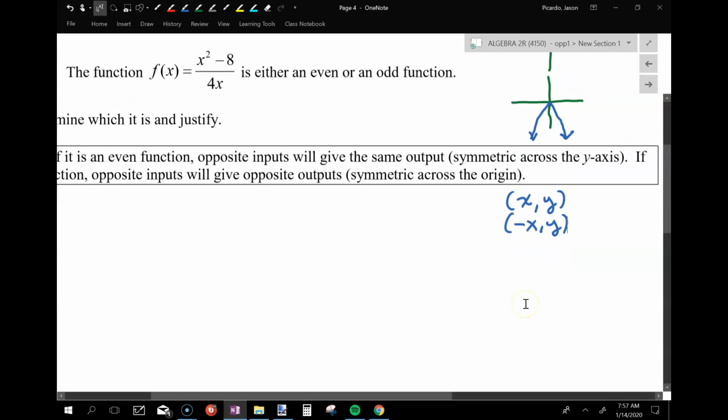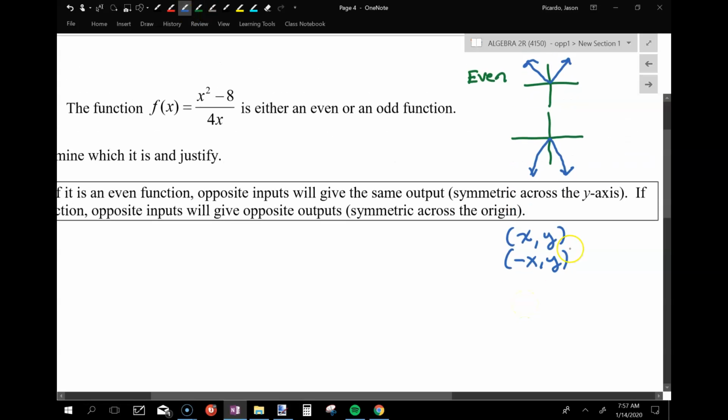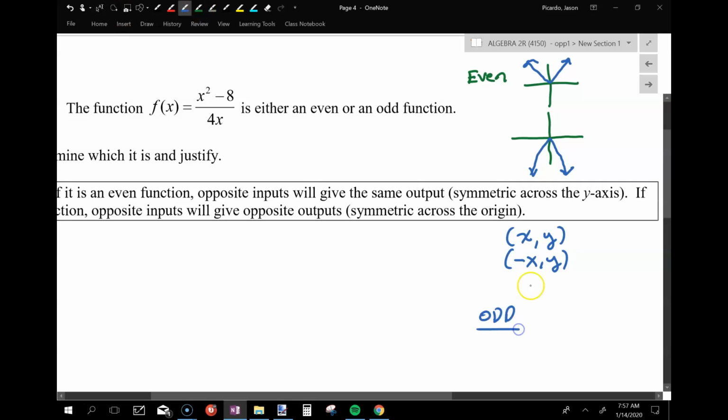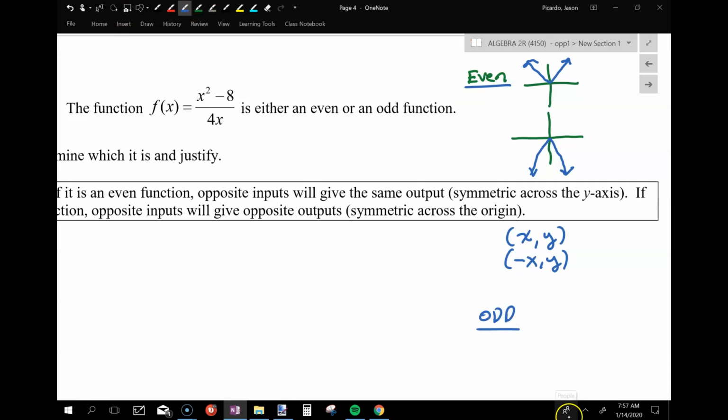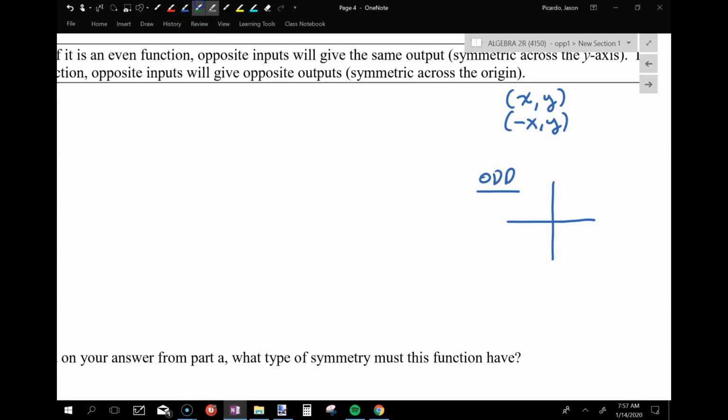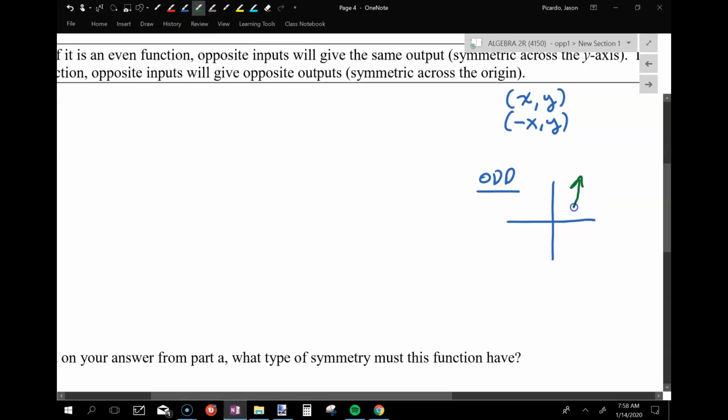An odd function. All right, so this is all even. An odd function is one that looks like this. It has point symmetry to the origin.